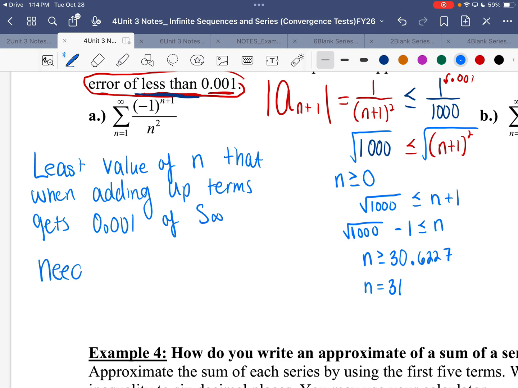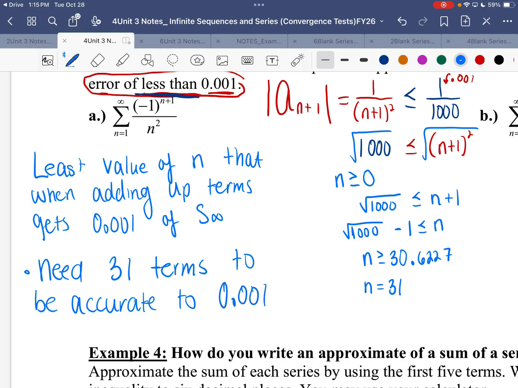So we need 31 terms to represent that infinite sum to accuracy of 3 decimal places. If we went to 50 terms, we would still be accurate to 0.001. We probably have even further accuracy. But you'd have to add up the first 31 terms.